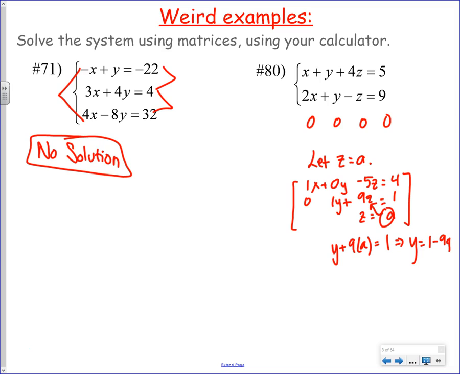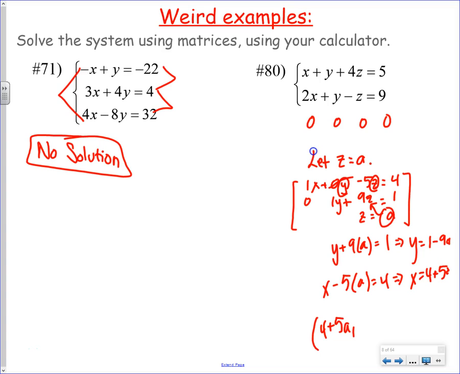Anyway, how am I going to get x? Plug in who y is, and oh wait, who's y? Doesn't matter. It's just 0. So therefore x minus 5 times a equals 4. So x equals 4 plus 5a. So at the end of the day, we have 4 plus 5a.